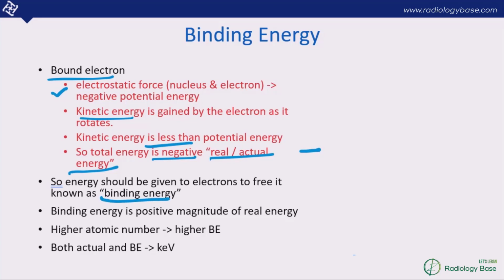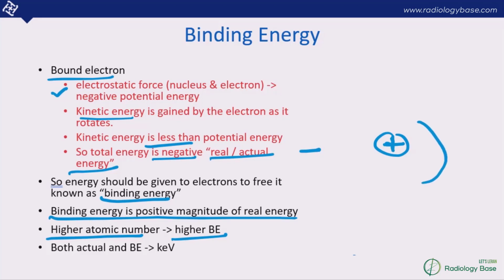And binding energy is a positive magnitude of real energy, and depending on the higher atomic number, you will need a higher binding energy, for example when you have more protons in the nucleus. As the number of protons increases in the nucleus, there is an increased positive charge, which is going to create more potential energy for the electron in the negative charge state, which will then result in a more negative energy of that electron.